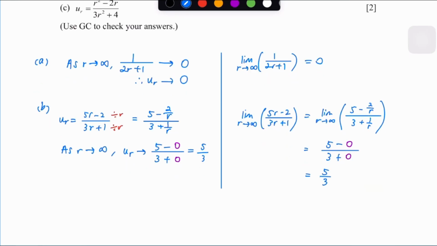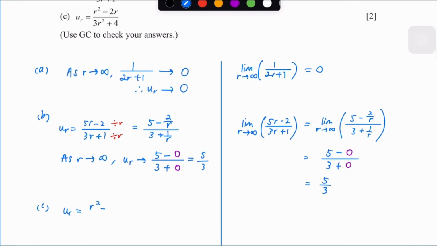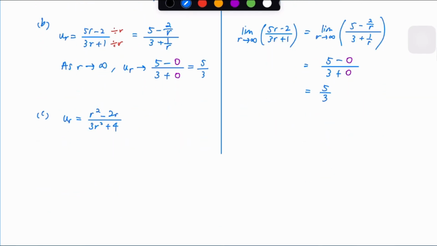Part C, same thing. What I will do is massage the equation to get it ready first. If you sub in infinity, it's going to be infinity over infinity, so we need to make some changes again, by dividing by the highest power in the whole fraction.